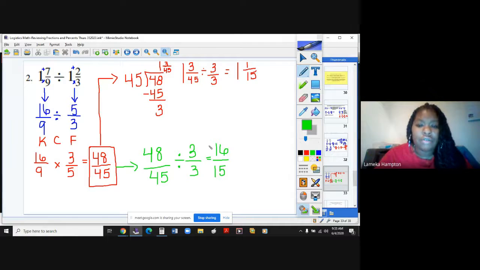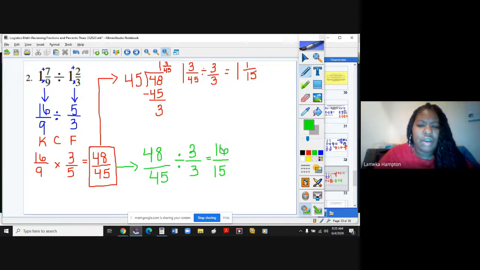So now I am going to make sure I have enough room. Okay. So now I'm going to take this fraction and simply divide. So when I do that, I have 15 divided by 16. 15 divided by 16 gives me 1, and 15 times 1 gives me 15.